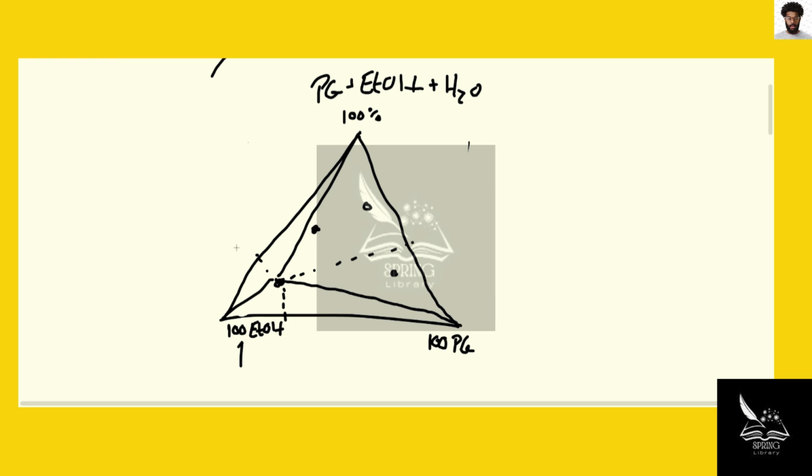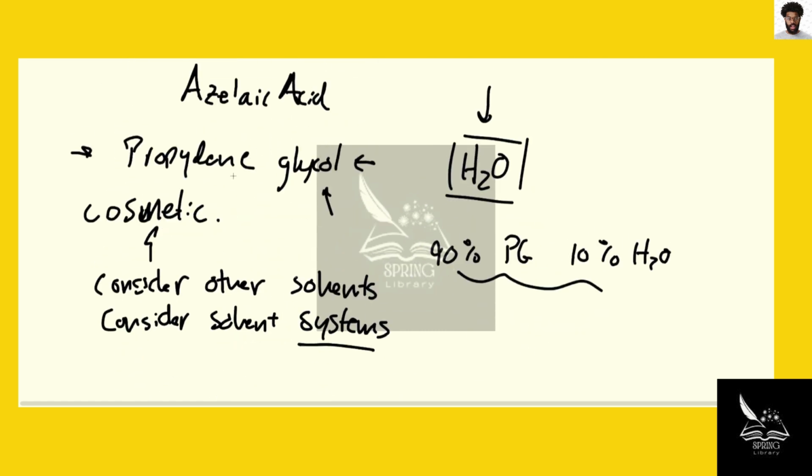So this would be like maybe 20% ethanol, 40% propylene glycol, and 40% H2O. So just try different combinations until you get something that isn't greasy and dissolves all of the acid. That's what I would recommend.